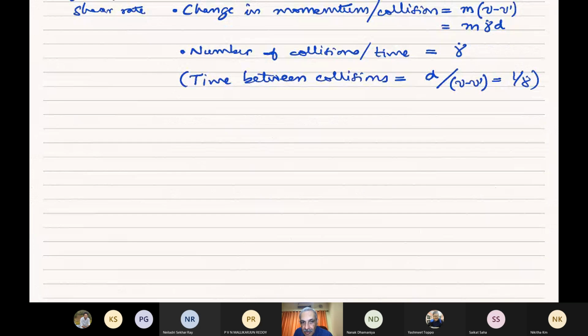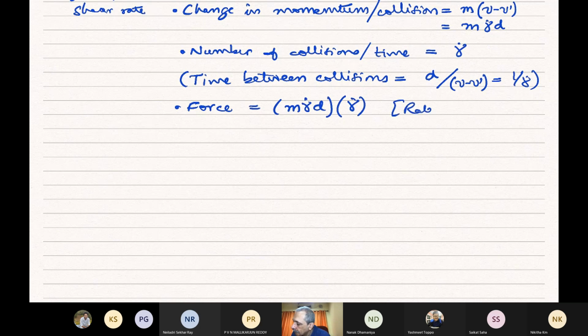So then you get force, which is nothing but the rate of change of momentum, equal to the change in momentum per collision, which is m into gamma dot d, multiplied by the number of collisions per unit time. That is what force is, the rate of change of momentum.